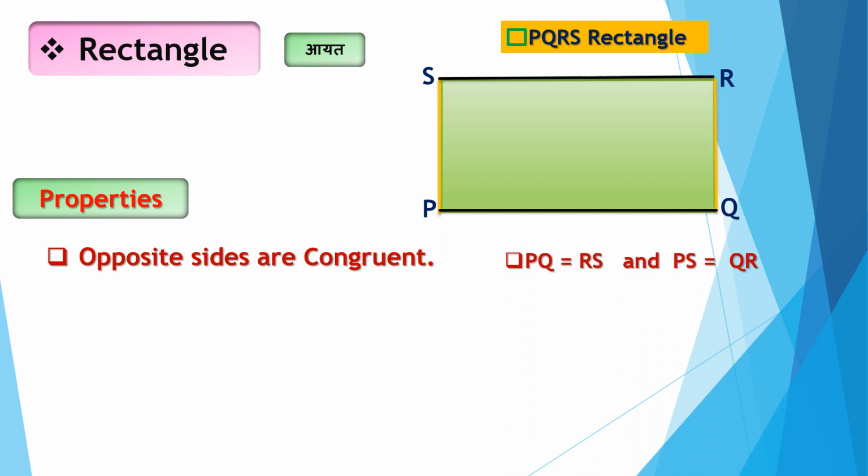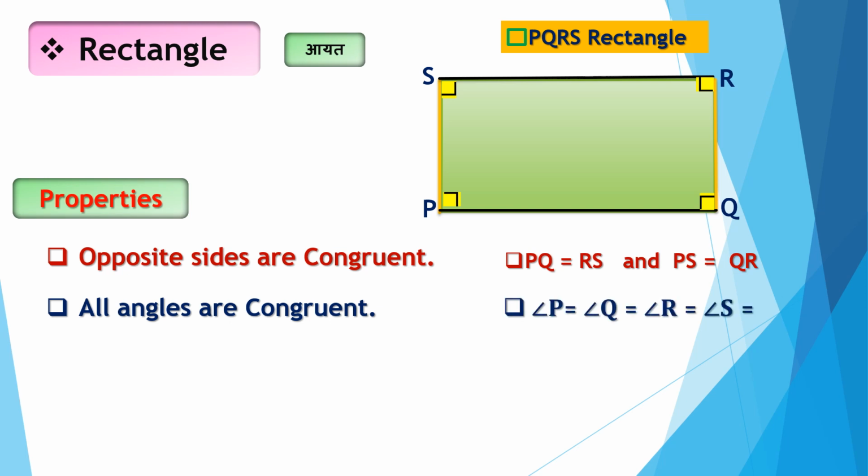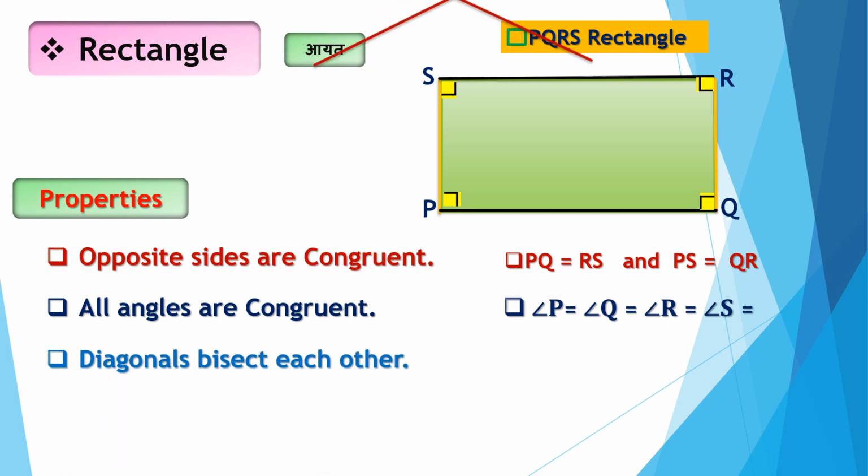PS opposite to QR and both are congruent to each other. All angles are congruent. We know the measure of all angles is 90 degrees. Obviously, angle P is equal to angle Q is equal to angle R is equal to angle S is equal to 90 degrees.